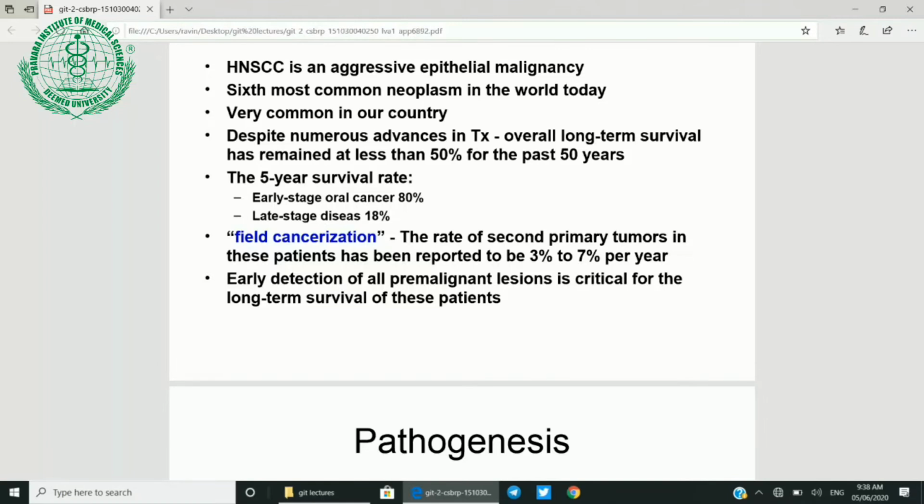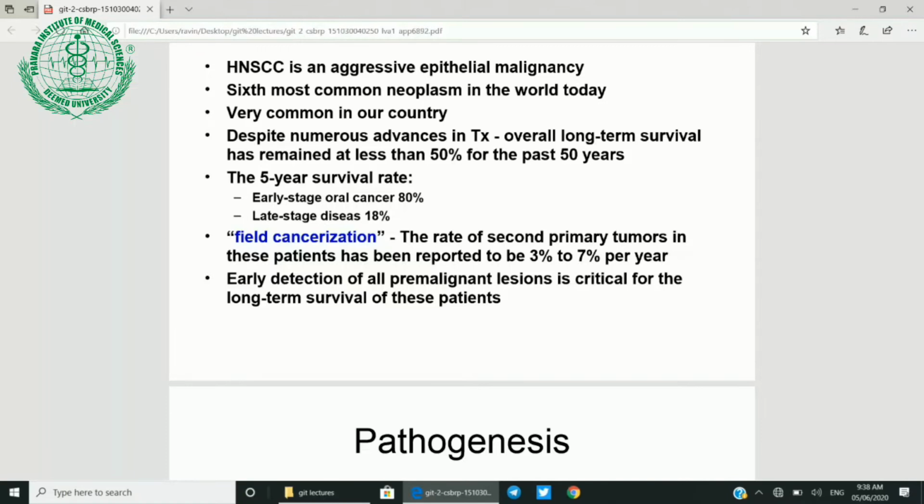Luckily, there is hope here. If the cancer is detected at an early stage, please remember this, because this is preventable. If oral cancer is detected at an early stage, the 5-year survival rate is almost 80%.